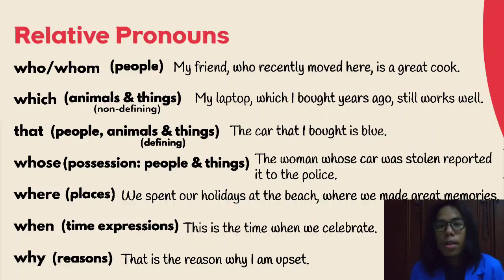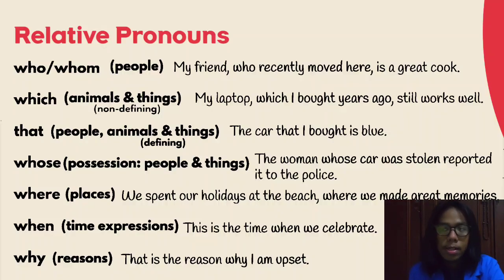So here are the relative pronouns in English. There are 8 of them. First, we have who and whom, which are used for people. In the example, my friend who recently moved here is a great cook.